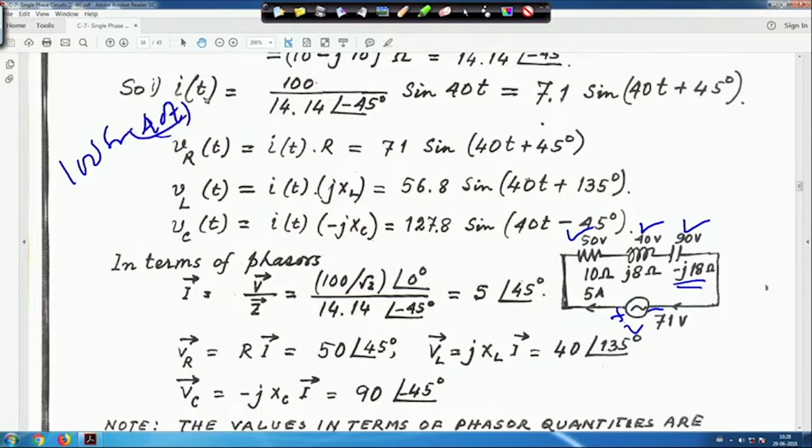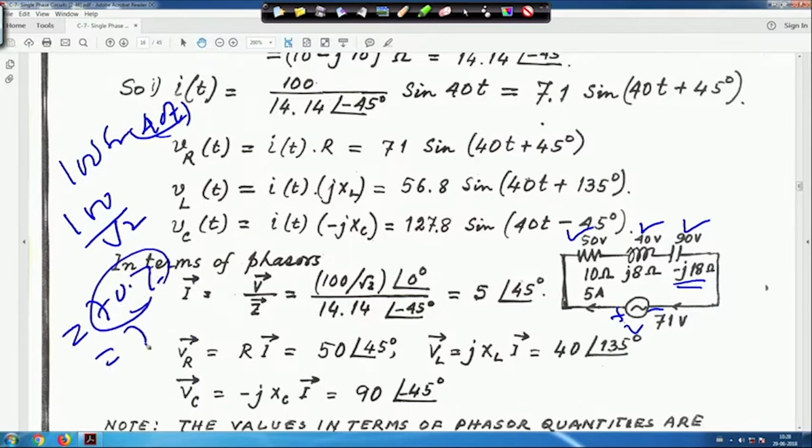So 100 by root 2 is equal to 70.7, approximately 71 volt. This is the RMS value, and when calculating VRT, this is the peak value, Vm equal to approximately 70.7. If you take the RMS value, 70.7 by root 2, it will be 50 volt, that is why this one is 50 volt.